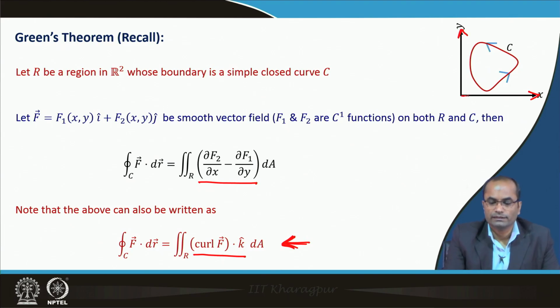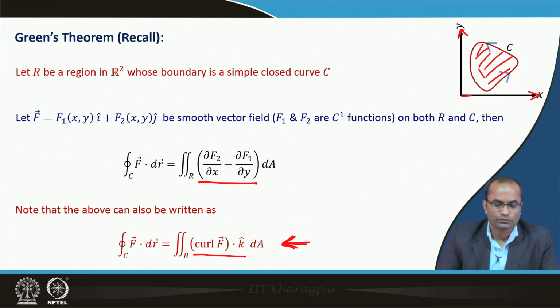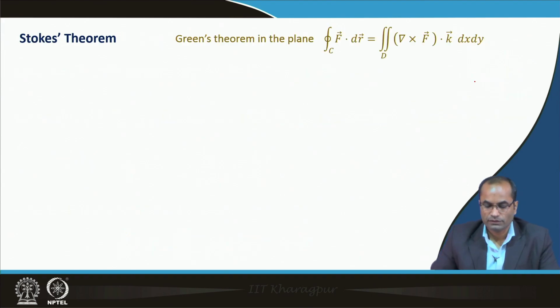We had the region in R2 and the curve was also in R2. If we generalize this to 3 dimensions, that means we have x, y, z, and a curve given in 3 dimensions, and then the region bounded by this curve will be a surface.